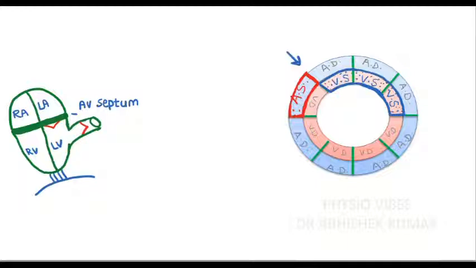Because the atrial systole has ended, the atrium is almost empty, and because of the ventricular diastole, the ventricle is almost filled with blood.